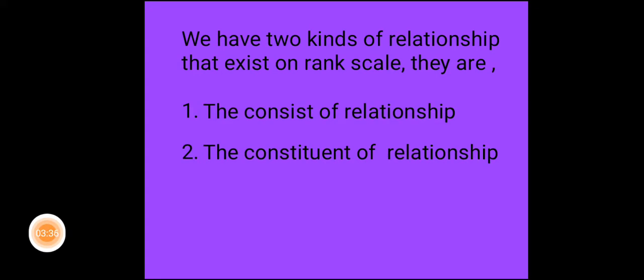We have two kinds of relationship that exist on rank scale, on which the grammatical units are arranged or identified. They are the consist of relationship, that is one, and then the constituent of relationship.